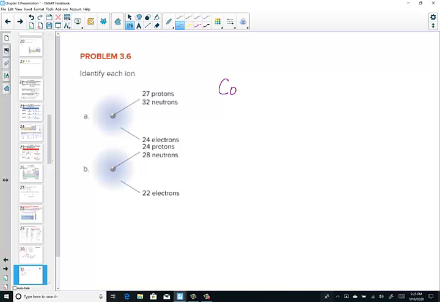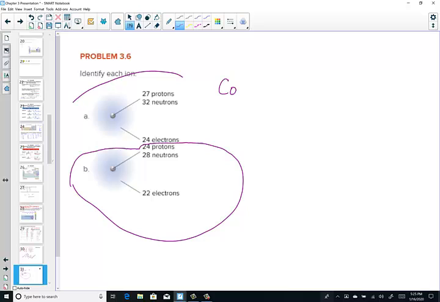Here's picture B, here's picture A. I need the proton number and the electron number for letter A. 27 protons told me the identity is cobalt. The net charge of 27 positives being balanced by 24 negatives results in a +3.